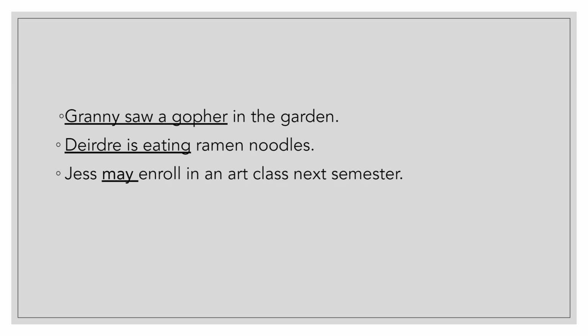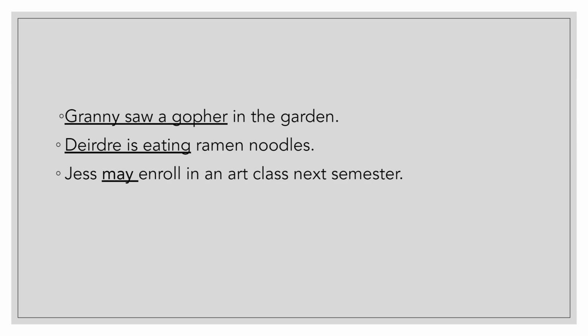And then in the third example, we have a modal, may, right? And that modal seems pretty important if I'm talking about the future, in this case, next semester, right? Not only is some kind of modal necessary for giving me the meaning that this verb is going to happen in the future, but it's also telling me that this is an uncertain future.